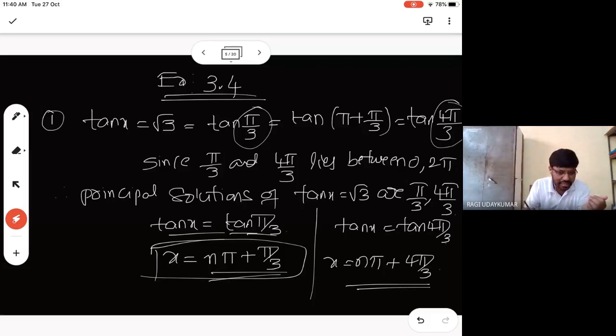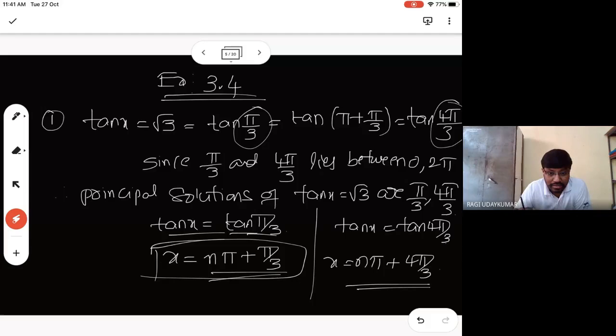In the place of y I wrote pi by 3, so the general solution you got is x equal to n pi plus pi by 3. And here, if I take 4 pi by 3 in the place of y, I get the general solution with 4 pi by 3.